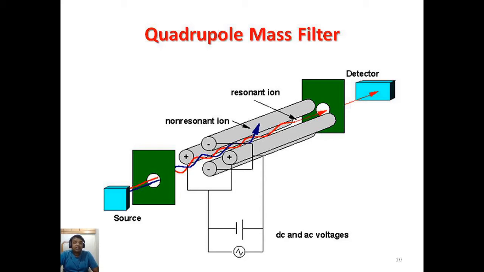That's why those molecules are trapped and moved to waste, and only resonant molecules pass through the filter and finally reach the detectors.